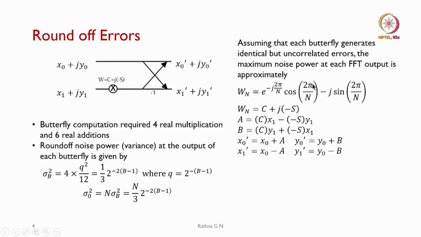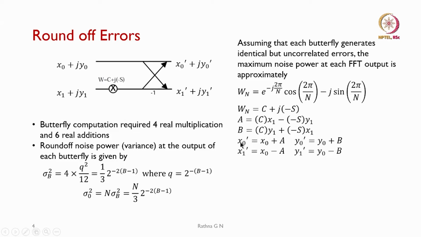We represent the cos function as c and the sine function as s, taking the negative sign inside. So it is c plus j minus of s, and then we know that our a is cos into x1 minus of minus sine function into y1. In the same way our b is represented in this fashion.